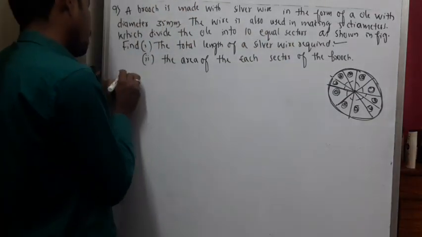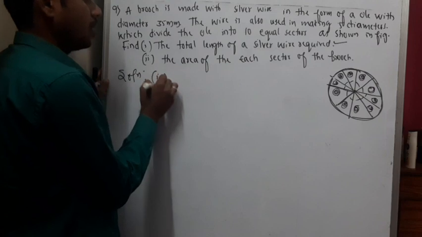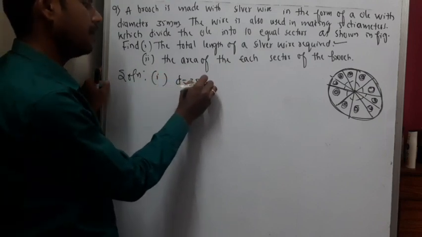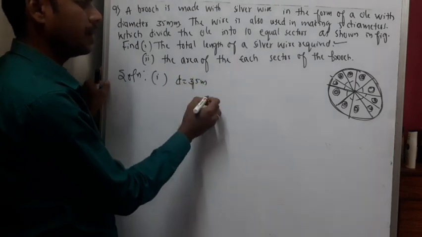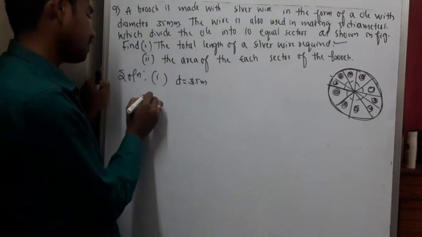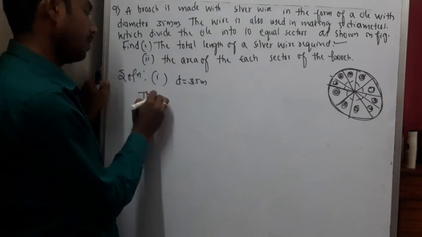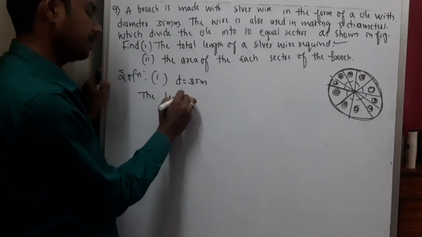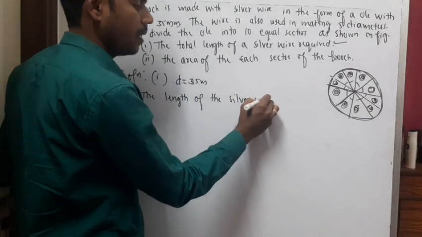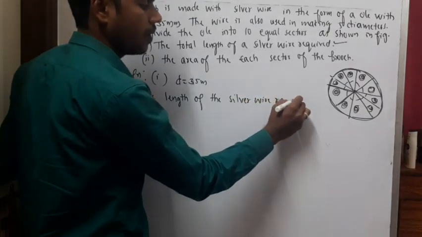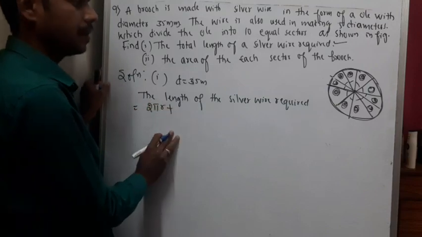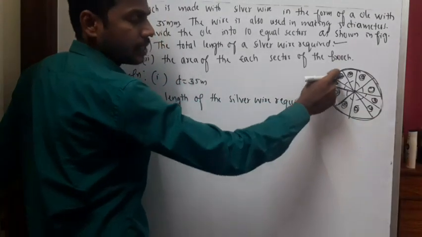Now first we will find the total length of the silver wire required. For that, what do we have? D is equal to 35 mm. Apart from this, what do we need? We need only this. The length of the silver wire required is equal to what? 2 pi r plus whatever the circumference.